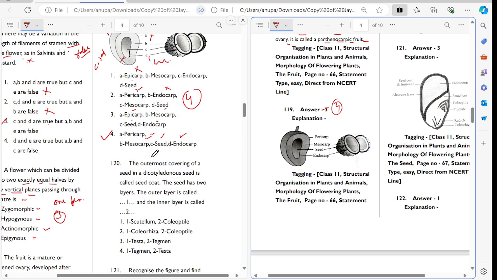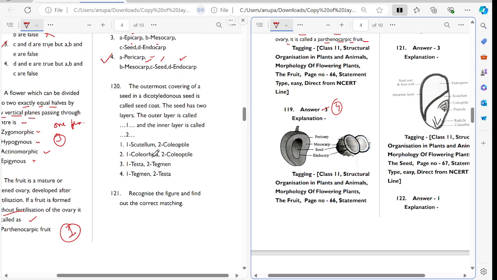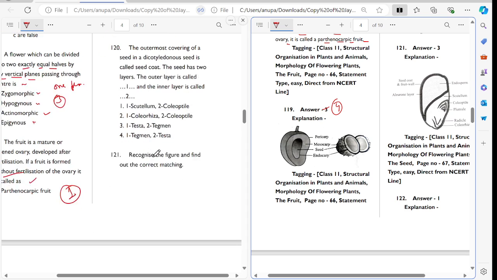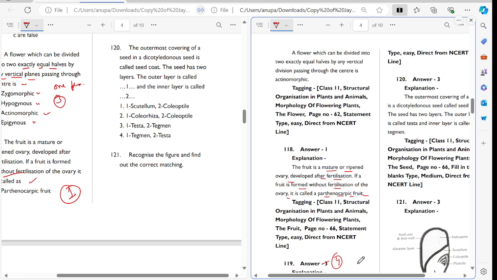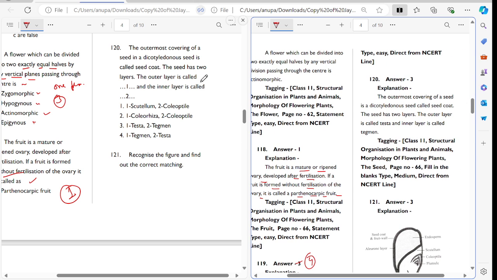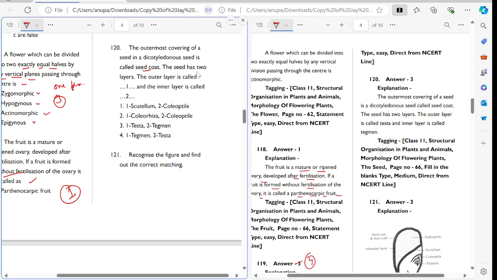Let's move to the next question, that is question number 120. Question number 120 states that the outermost covering of a seed in a dicot seed is called the seed coat. Yes, this is right. The seed coat has two layers. The outer layer is called 1 and the inner layer is called 2.